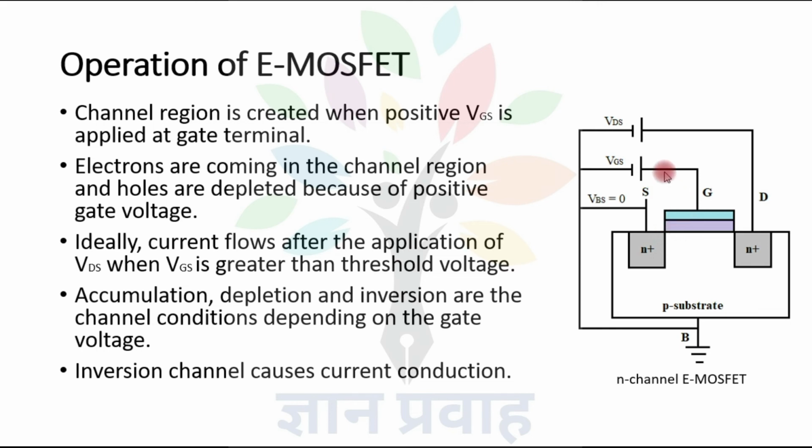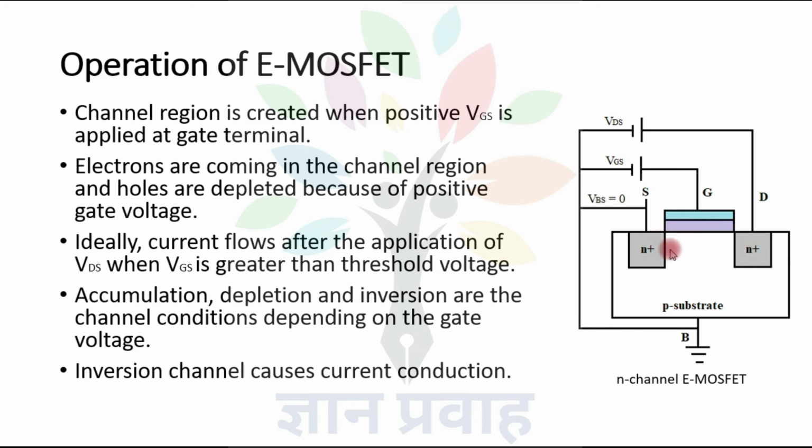Third case is when VGS is positive and greater than the threshold voltage of this device. It means sufficient charge carriers are there. Positive charges are there, negative charges are there. Negative charges are electrons, so sufficient electrons are coming due to the application of this VGS voltage, and these electrons are sufficient to invert this channel region.